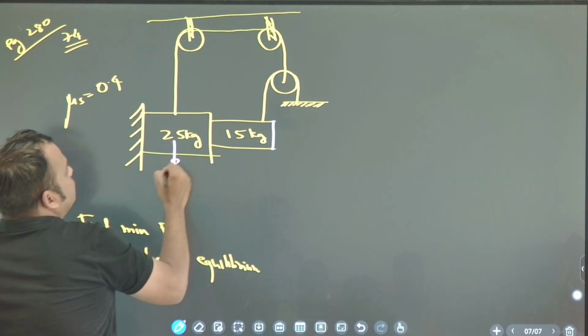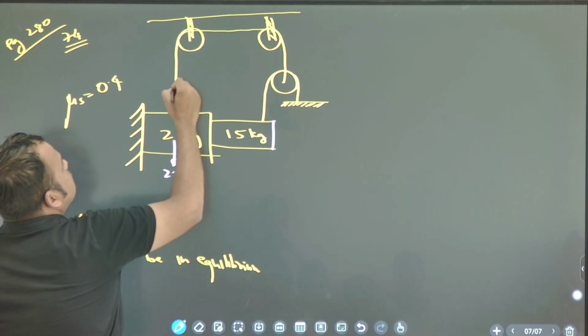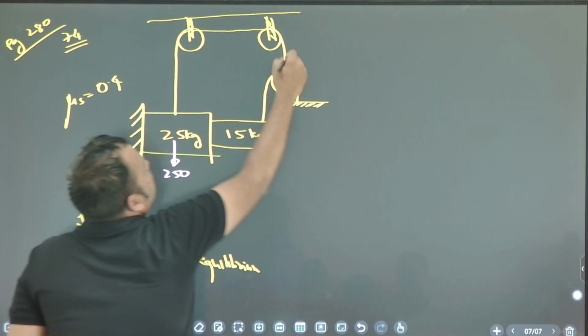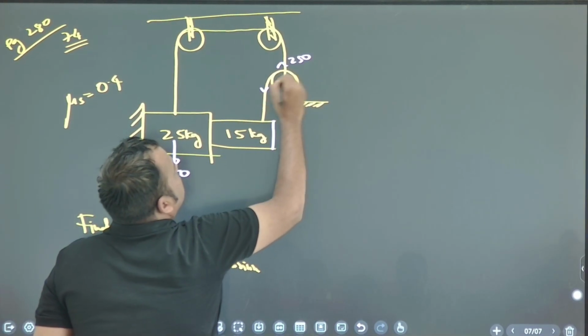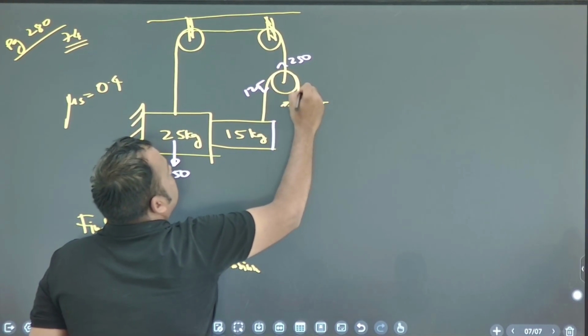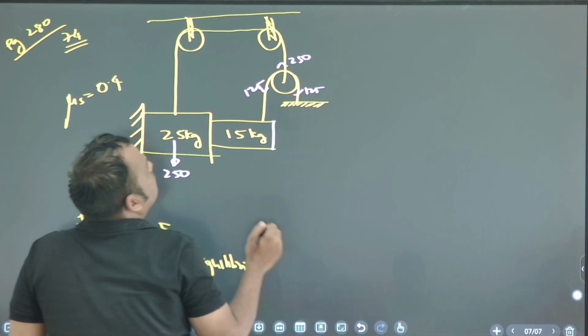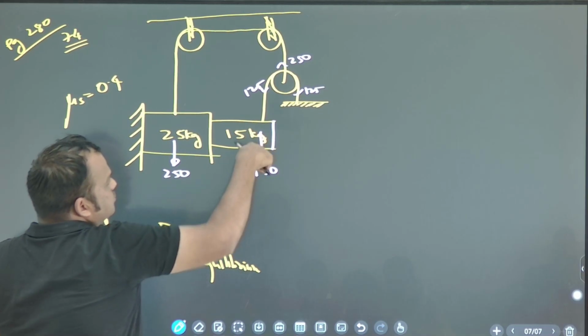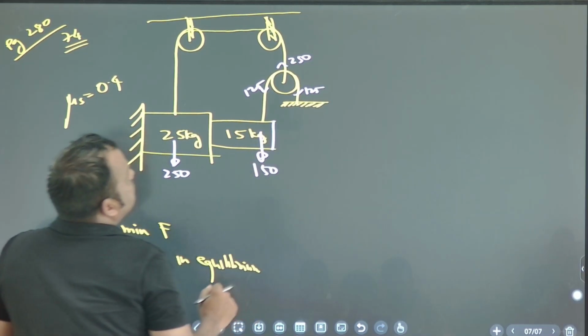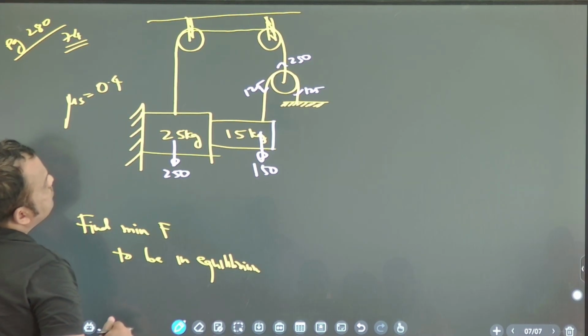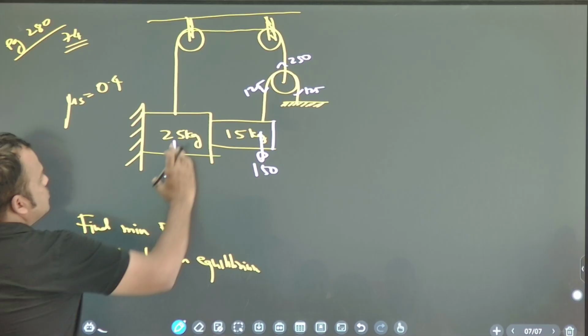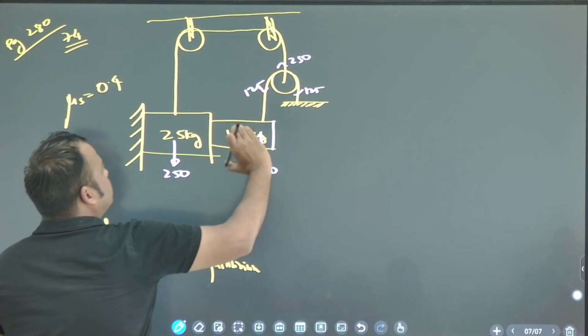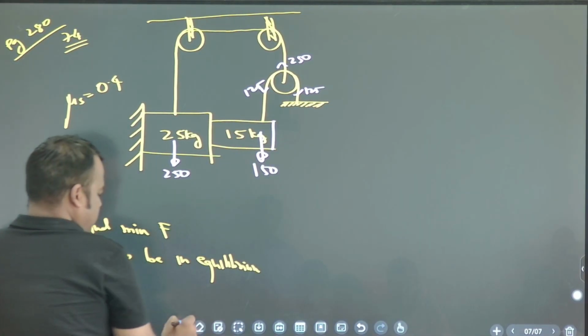So 250 Newton here. So here 125 Newton, 125 Newton, and here downward force is 150. So 25 kg will go down, 15 kg will go up.